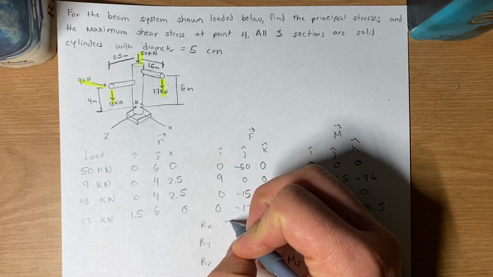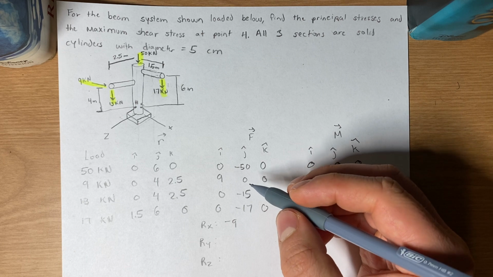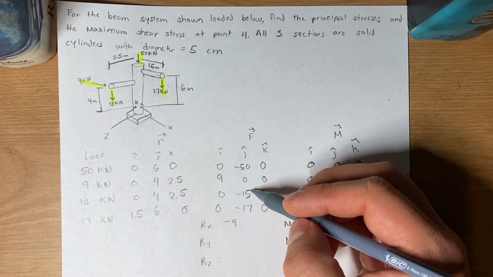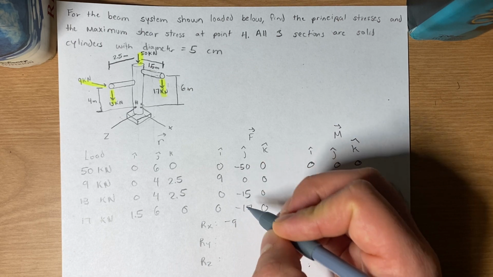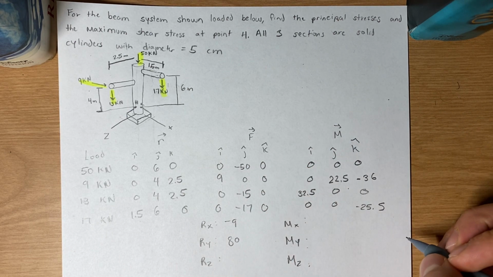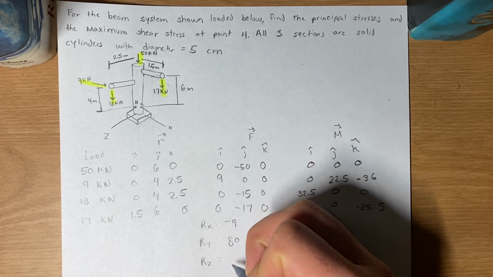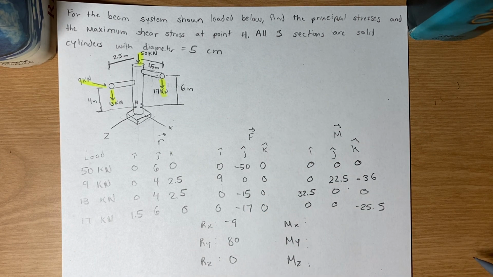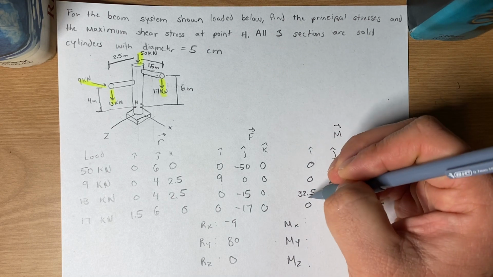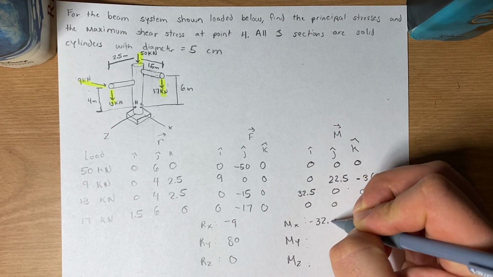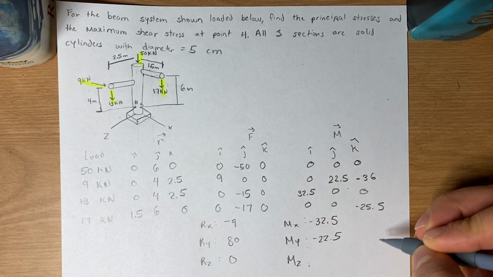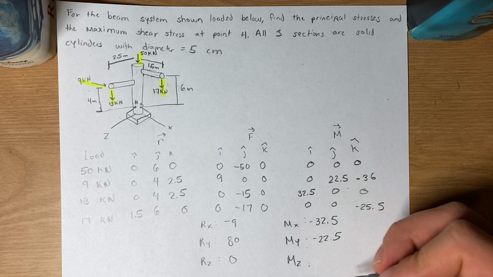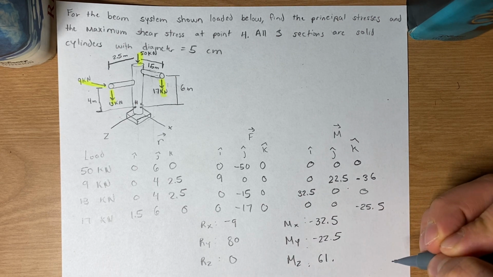So this is -9. You add all of these three and you get -80, but you want the opposite sign, so 80. For z it is 0. Then for the moment, you add them and you get -32.5. Here you get -22.5. And if you add these two, you get a positive 61.5.